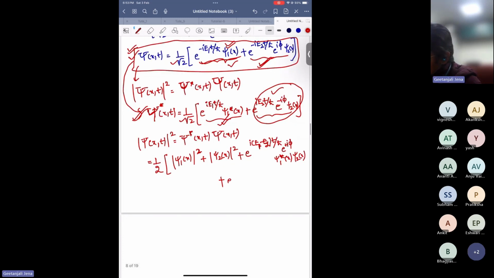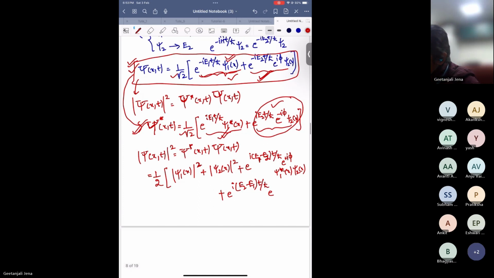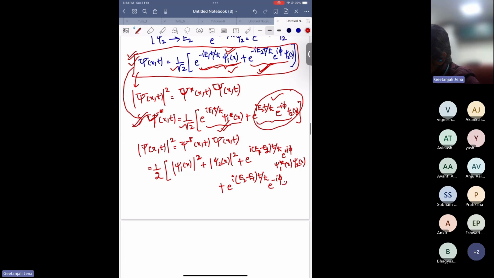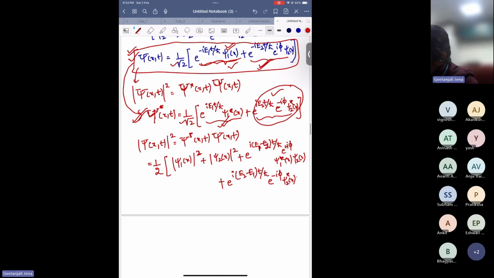So this will give e to the power i (E2 minus E1) t by h bar, e to the power minus i phi, and psi 2 star and psi 1 x. This is the final count.